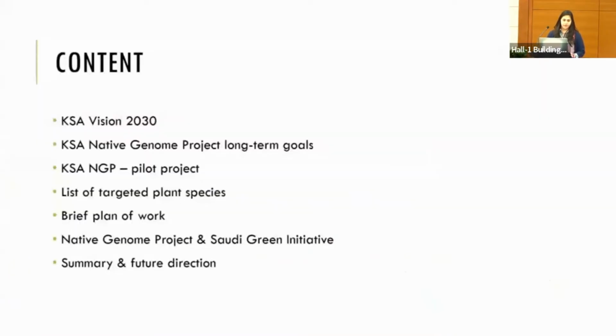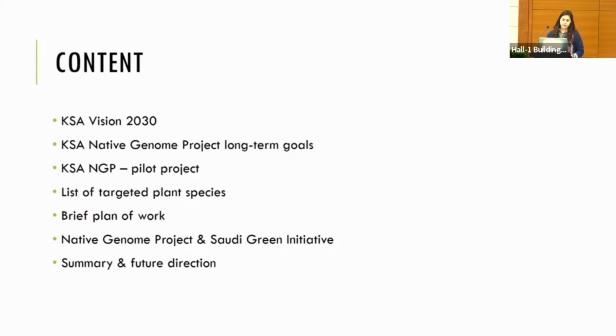Today, I'm going to talk about the Saudi government efforts to improve its agricultural sector as part of Vision 2030. And I'm going to introduce the KSA Native Genome Project with its long-term goals and the pilot project that started a few months ago.